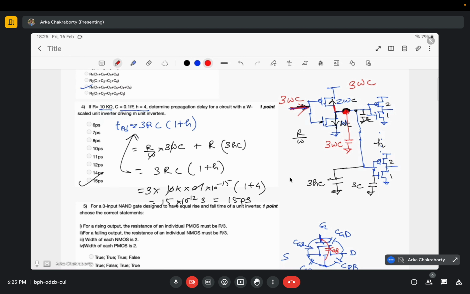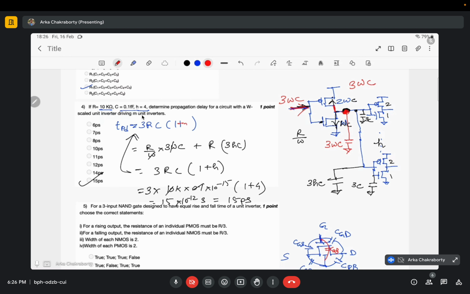Okay, sure. Just give me a minute. Okay, M unit inverters. Okay, I've done the nomenclature wrong, I think.